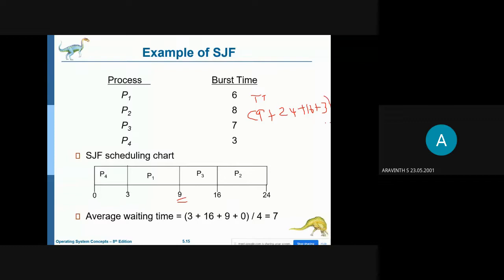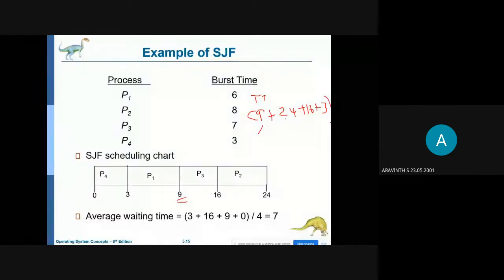Turnaround time is when the process completed. P1 completed at 9, P2 completed at 24, P3 completed at 16, and P4 completed at 3.